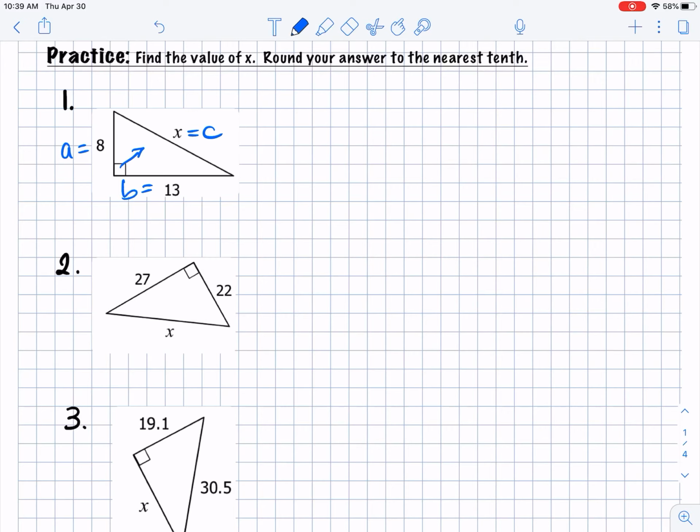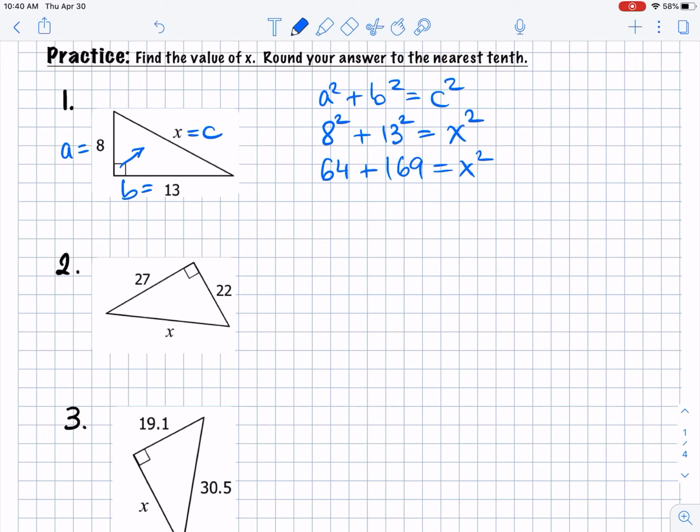And then we're going to do a squared plus b squared equals c squared. We're just going to substitute the values. A is 8, so 8 squared plus b is 13, 13 squared equals c, which is x squared. 8 squared is 64 plus 13 squared is 169, which equals x squared.